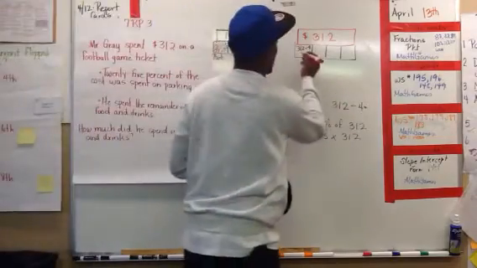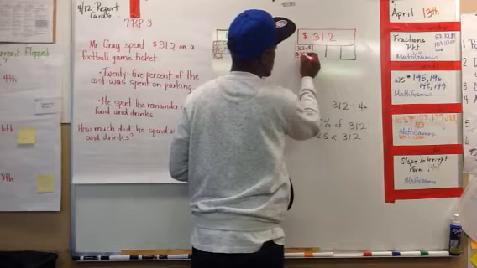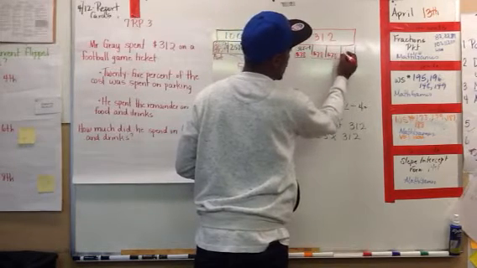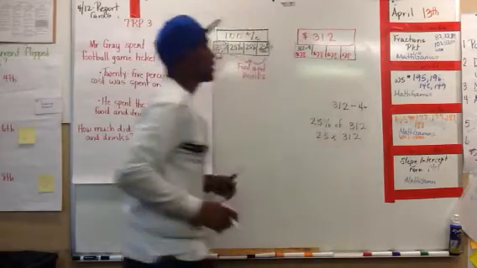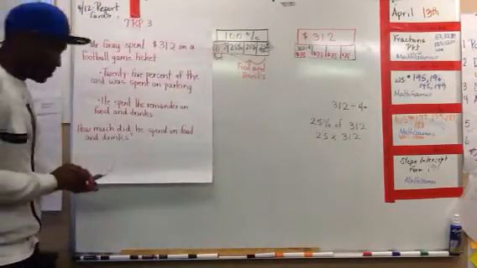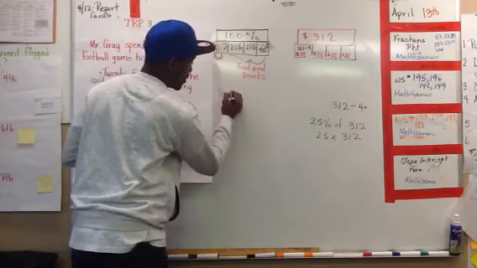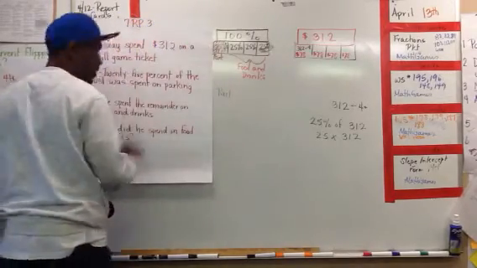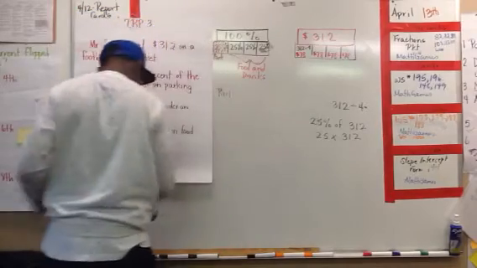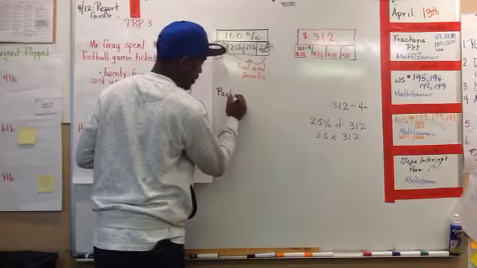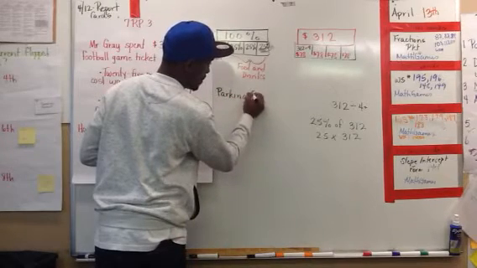Okay. So here I spent $78 on parking, and that means all these other fourths have to equal 78. Okay. So I know that I spent $78 on parking.